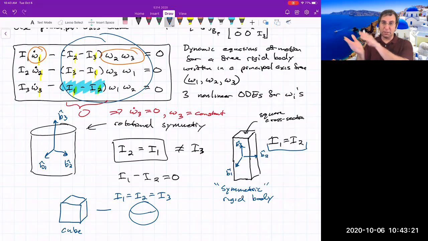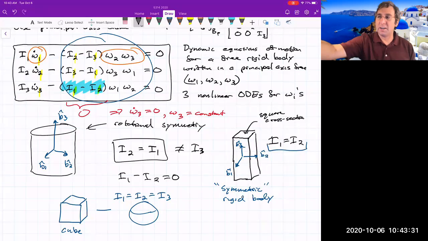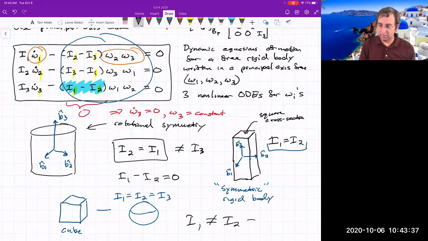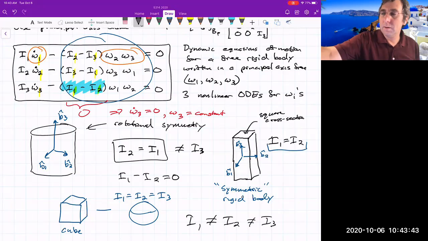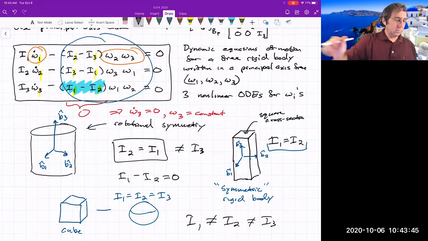So you could get these things spinning about any direction. It'll be pure rotation. But in general, that's not possible. An arbitrary object like the space shuttle or my phone has I1 not equal to I2 and not equal to I3. They're just not equal. So that's kind of the general problem. And I think I'll stop there.